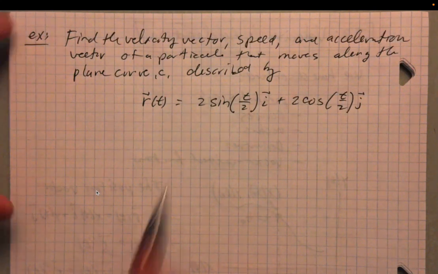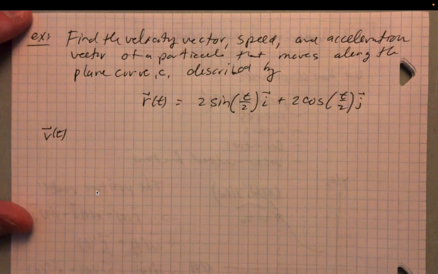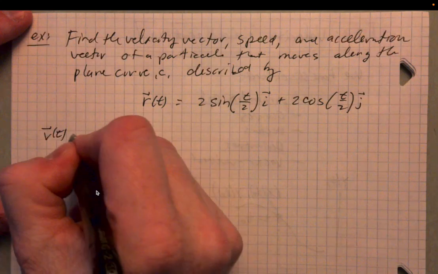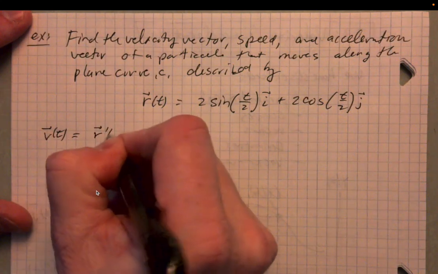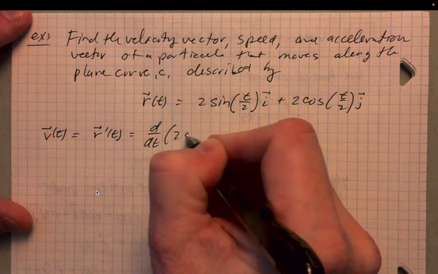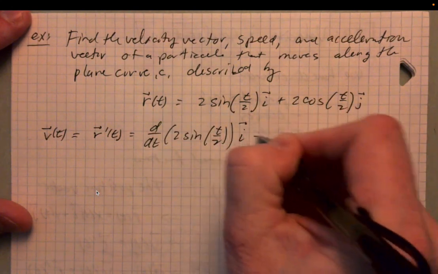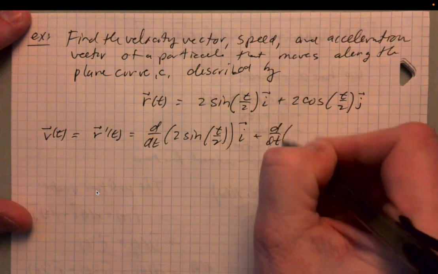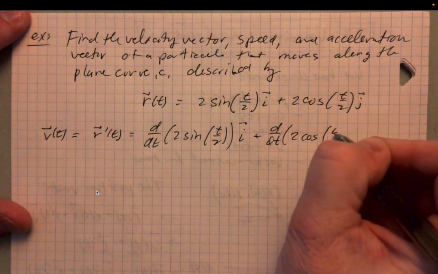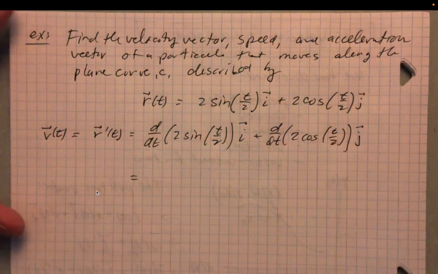It's pretty straightforward. The velocity vector can be identified as just the derivative of this. So we would need to differentiate both of the components here. We can do that.